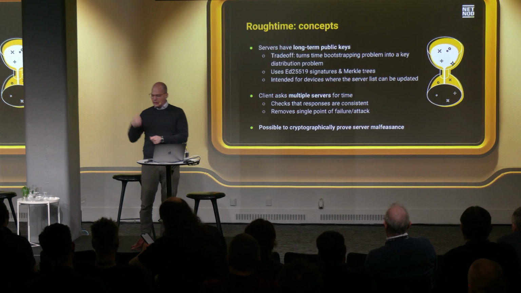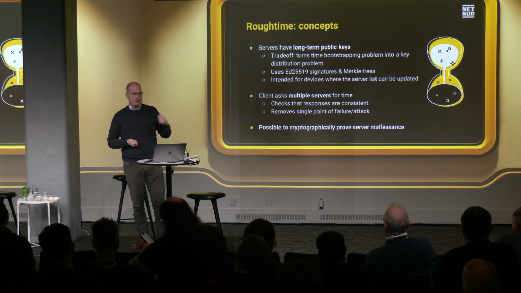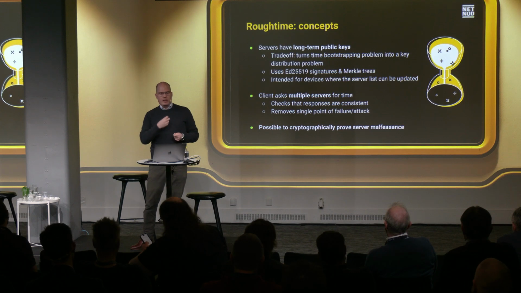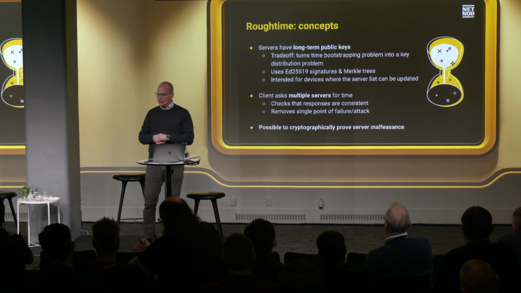And together, asking multiple servers, as well as the public key signatures and these Merkle trees, give another key benefit with Roughtime, and that is that it's possible to cryptographically prove that a server has done something bad. If a server sends us bad time, we as a client can create a cryptographic proof that that happened, even if it just happened once. And this isn't possible with NTP or NTS, so this is unique for Roughtime.